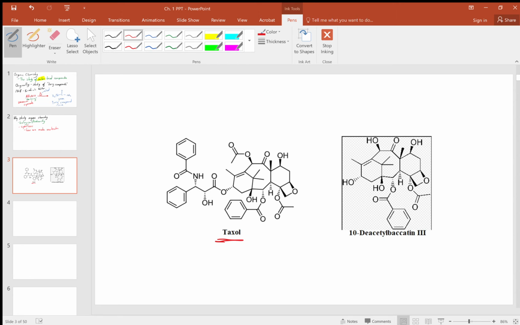Well, Taxol is an anti-cancer drug. Very potent anti-cancer drug. At its peak in 2001, its sales were $1.6 billion. So a very, very useful compound, and clearly a compound that people needed a lot of.